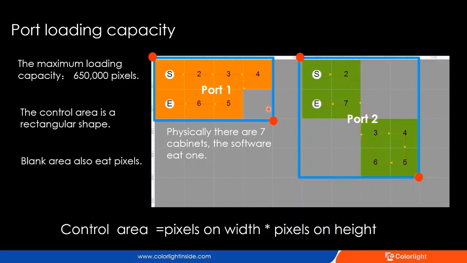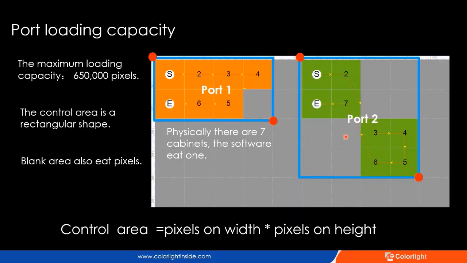So the total pixels of port 1 will be considered as a cabinet by the software. In the same way, there's a cabinet in port 2. We can see that the software will also eat all the pixels in the blank area even though there's no cabinet in those parts. So the total loading capacity is 16 cabinets for this part.